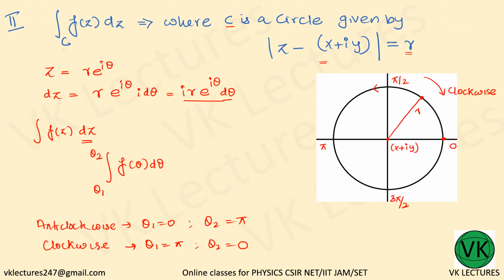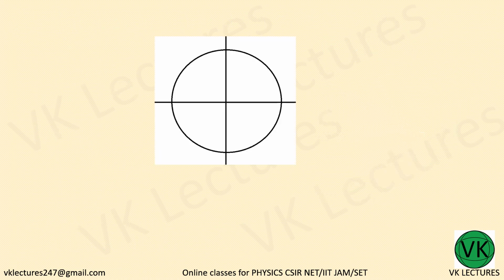Similarly, if it is from pi to 3 pi by 2 or pi by 2 to pi, it all depends on whether the integration is taken over clockwise or anti-clockwise direction. Here in general, for our complex number, the argument means the theta, the angle made by the complex point or the complex number.